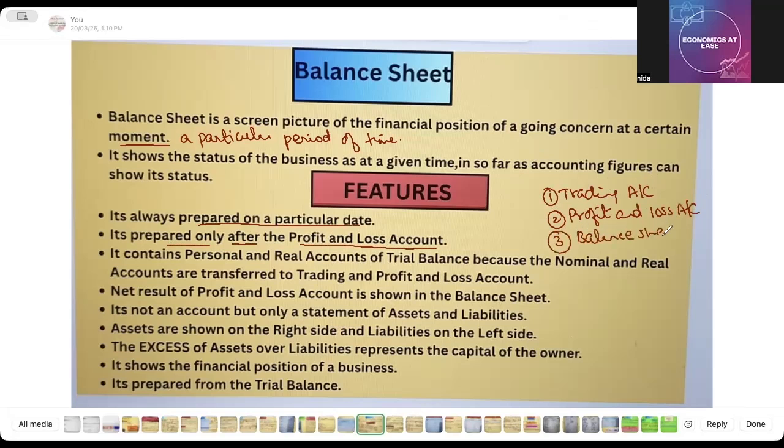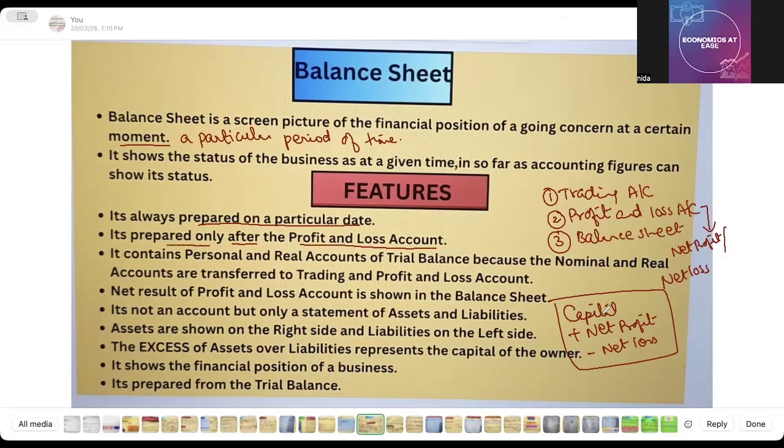In the profit and loss account, you get the net profit or net loss. If you get a net profit, it will be added to the capital. If you get a net loss, you will subtract it from the capital.